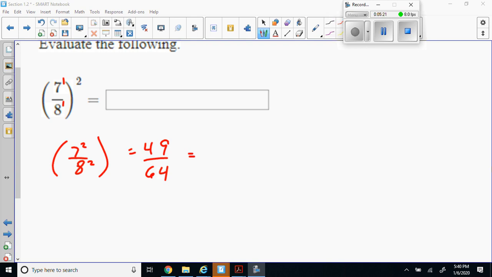So here's the big thing: if you deal with fractions, make sure it's in lowest terms, right? Simplify. Anytime you deal with a fraction, put it in lowest terms. So here's your answer. Any questions on that?